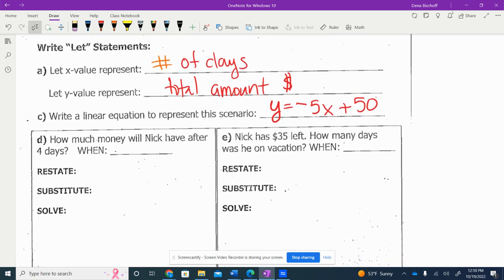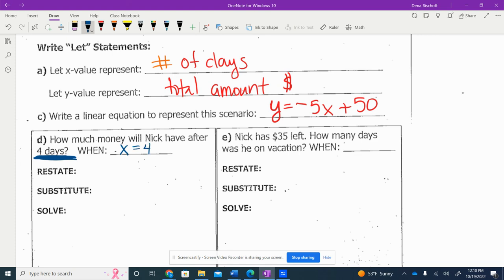So there's our equation. It says, how much money will Nick have after 4 days? So what is that really asking you? What are we changing? What is this 4 days representing? What variable is it representing? X. Yeah, so that means when x equals 4.